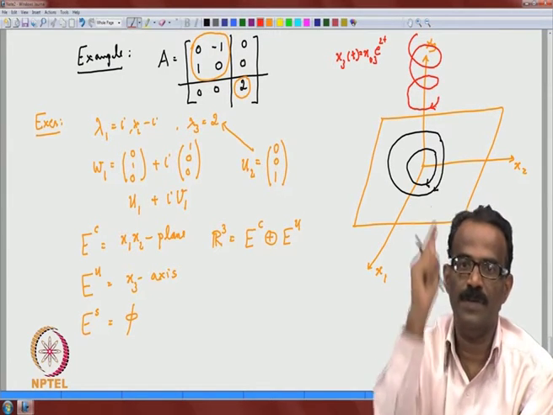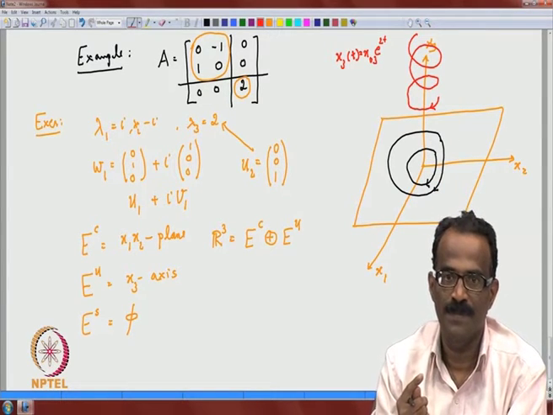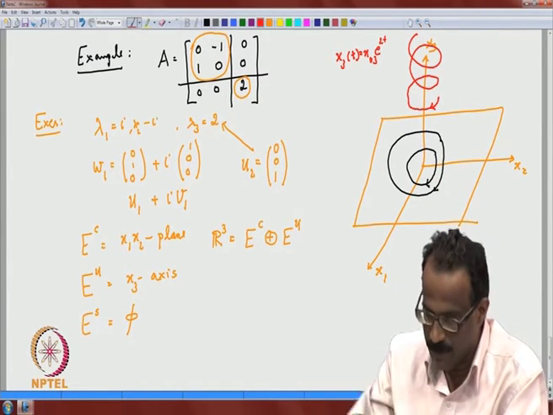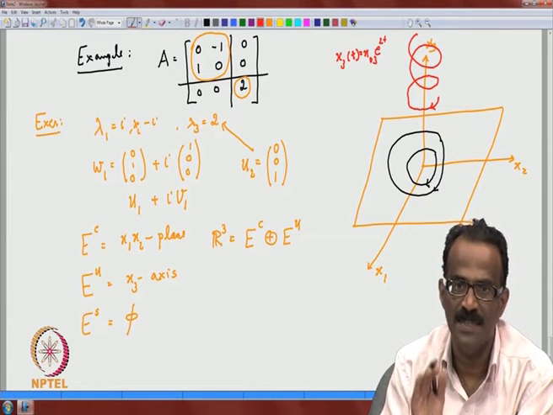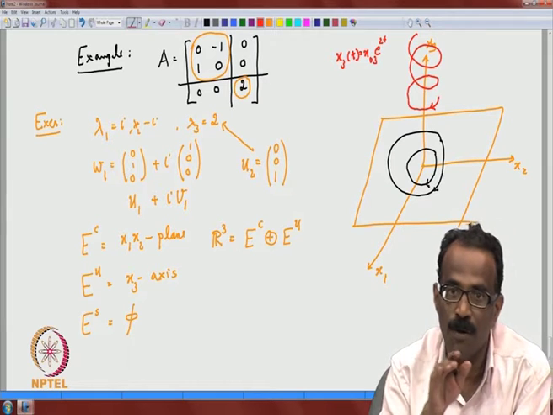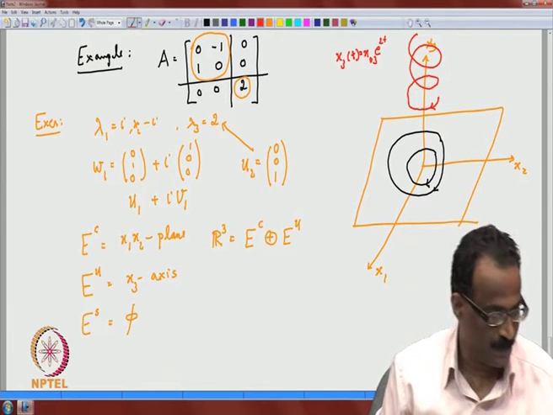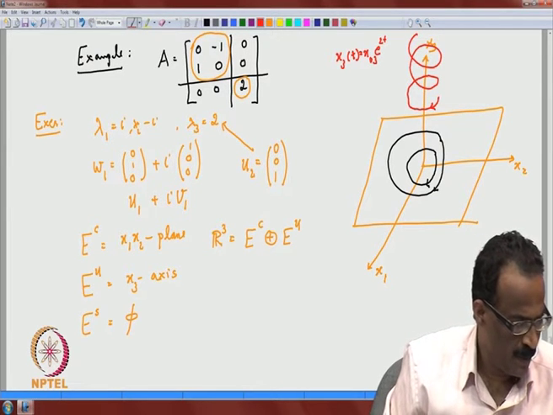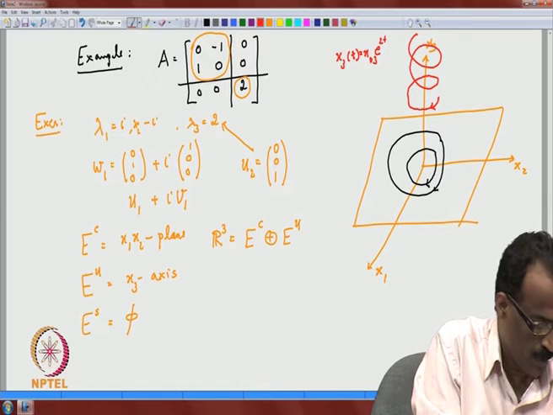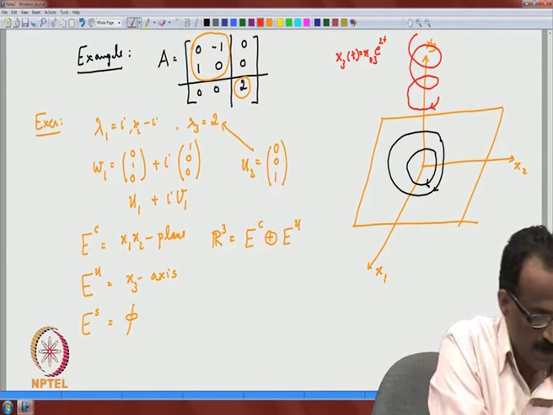It will curl around like a center and move up, and if you start below, it will move below with the same radius. It is an exercise for you to take all kinds of initial points in 3 dimensions and see all possibilities.